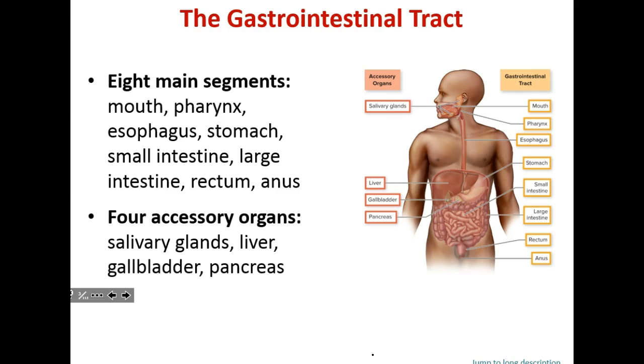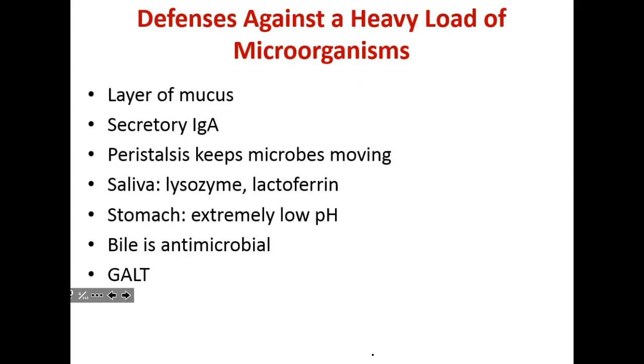There are 8 main segments in the gastrointestinal tract: the mouth, pharynx, esophagus, stomach, small intestine, large intestine, rectum, and anus. There are 4 accessory organs: salivary glands, liver, gallbladder, and pancreas. We have defenses against a heavy load of microorganisms.